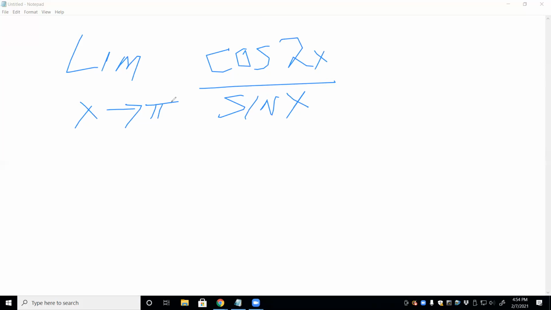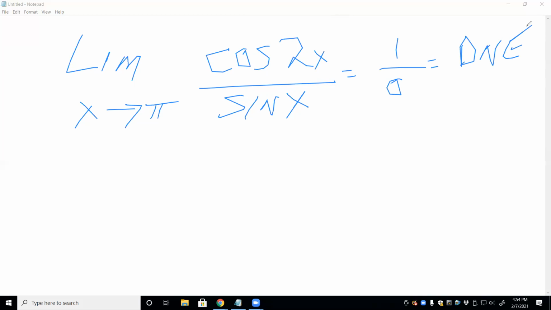Okay, so if we do a direct substitution, the cosine of 2 pi is 1, and the sine of pi is 0. So with a direct substitution, I would get 1 over 0, so it's not determinable. Does not exist.